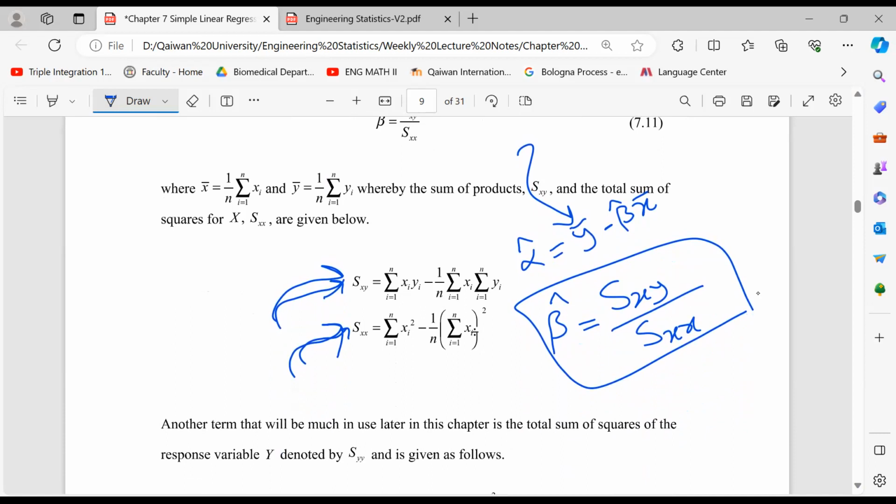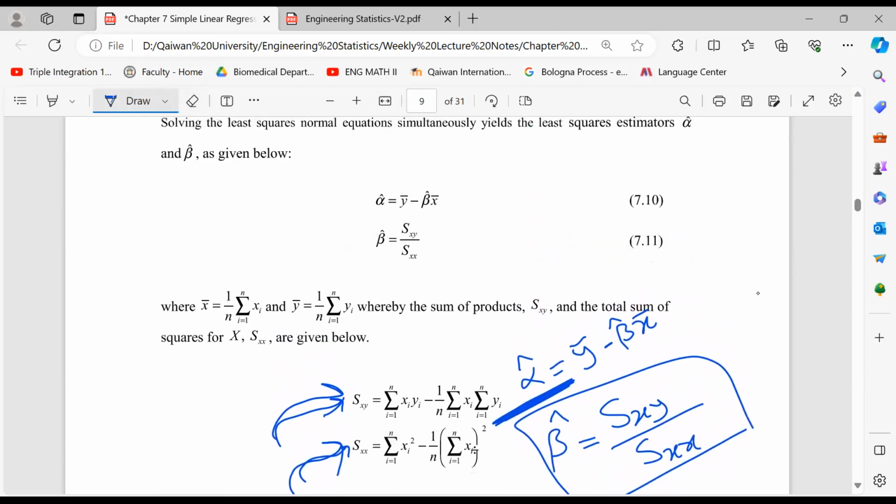As you see, alpha hat depends on beta hat. So you must first find beta hat, then x bar and y bar, and then we can find the value of alpha hat.